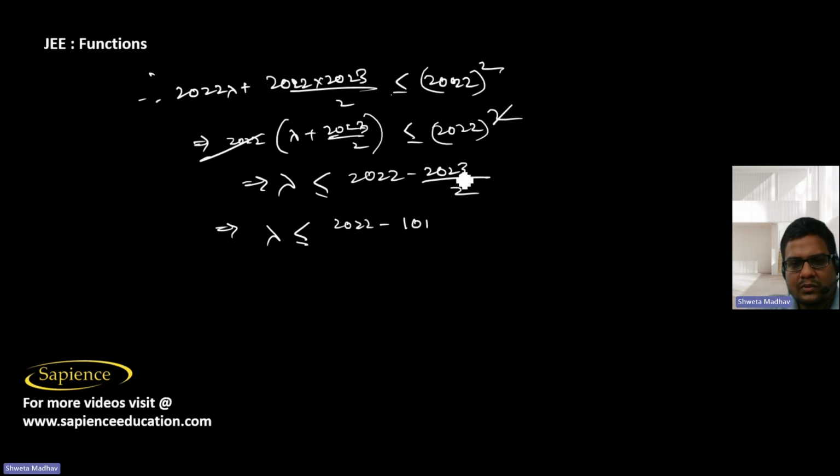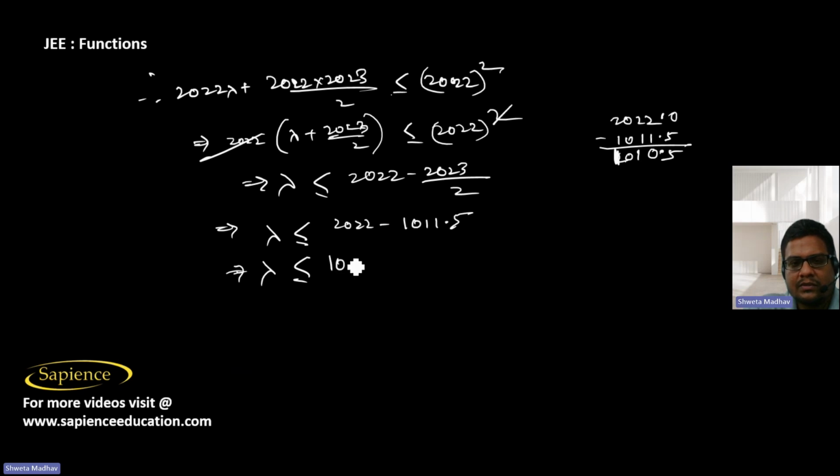Two ones are 2, 2 5s are 10. So lambda will be less than or equal to 2022 minus 1011.5, so this will be 5, 2 that is 0, this is 1, 0, this is 1.